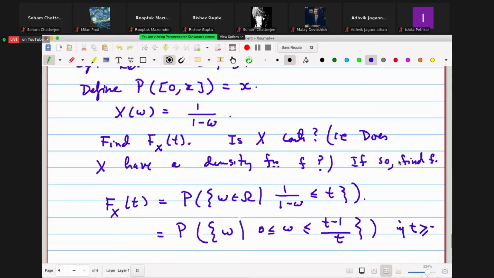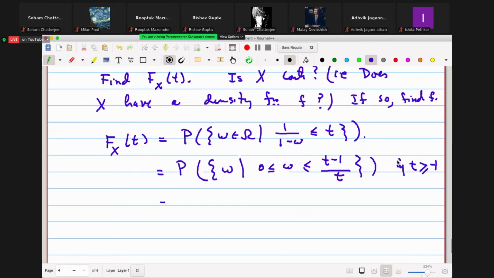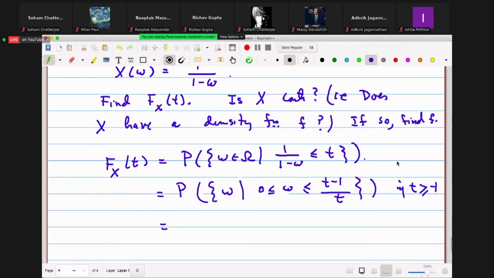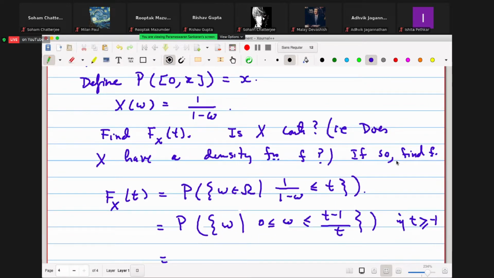Okay, and which is, what is it? So we know the probability of the interval 0 to x, and t is bigger than or equal to plus 1. I'm sorry, plus 1. Erase that and write bigger than or equal to 1.